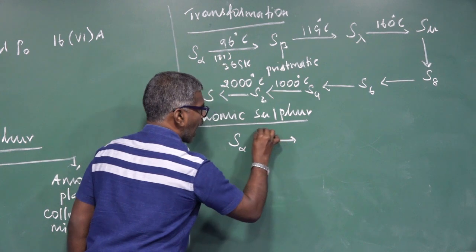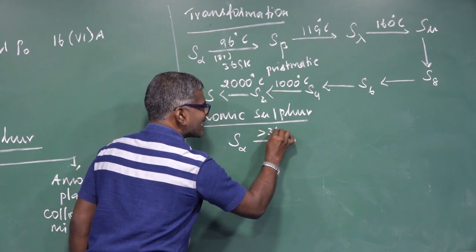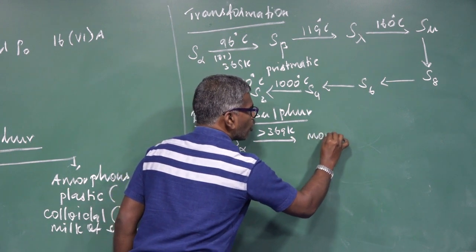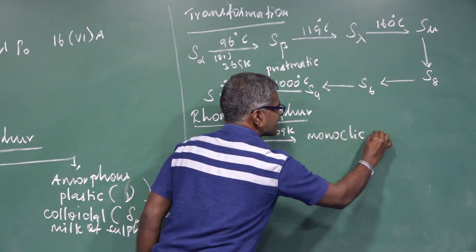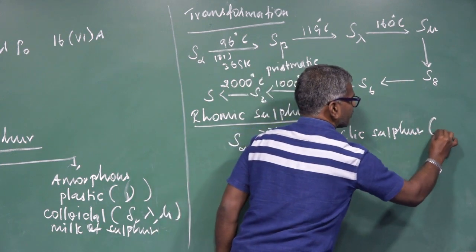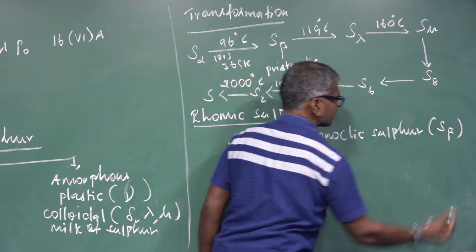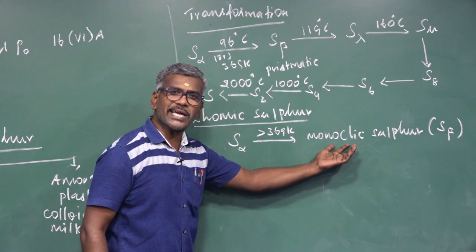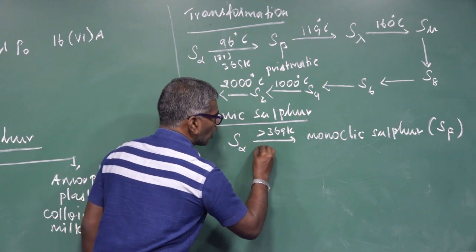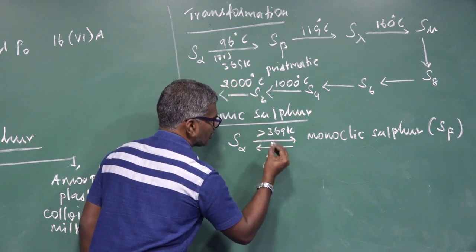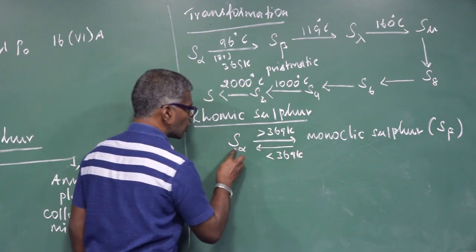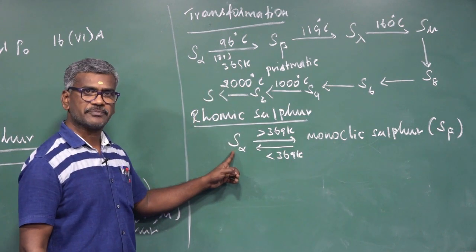Heated above 369 Kelvin, it forms monoclinic sulfur, that is beta sulfur. This monoclinic sulfur, further cooled below 369 Kelvin, forms rhombic sulfur.